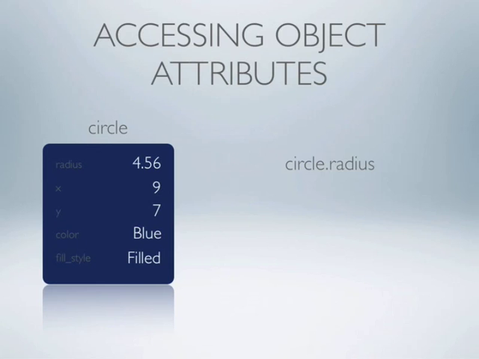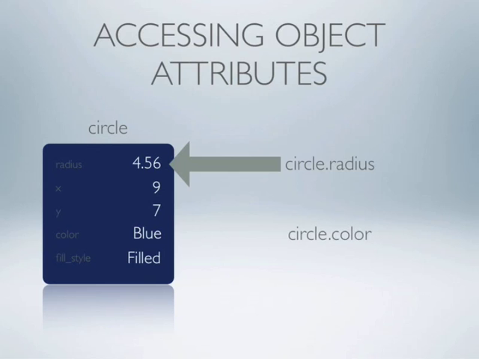So we could say something, for example, like circle dot radius, which would mean that we are accessing the radius variable that's inside the circle object, which of course would give us access to the value 4.56 in this example. So if I were to do, for example, document.writeline circle.radius, what would actually print out would be 4.56.